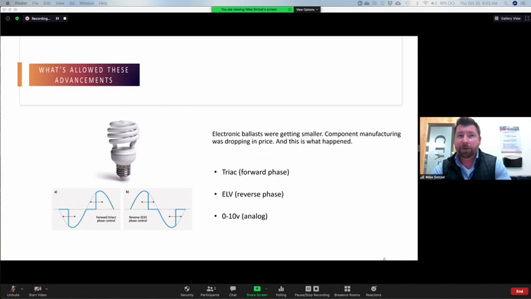For instance, 0 to 10 is an older technology. It's what is really used in most commercial buildings these days when it comes to lighting dimming.